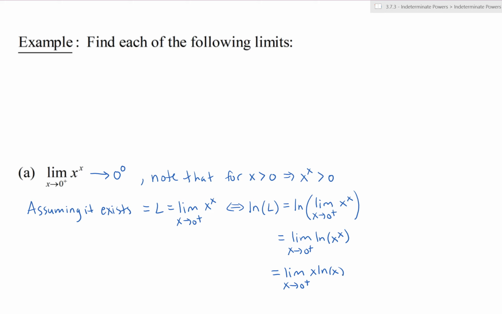So what do we got? We got that the limit itself, which we're calling L, whatever that might be, is this. However, the natural log of the limit ends up being equal to this right here. The limit as x goes to 0 from the right of x times the natural log of x.